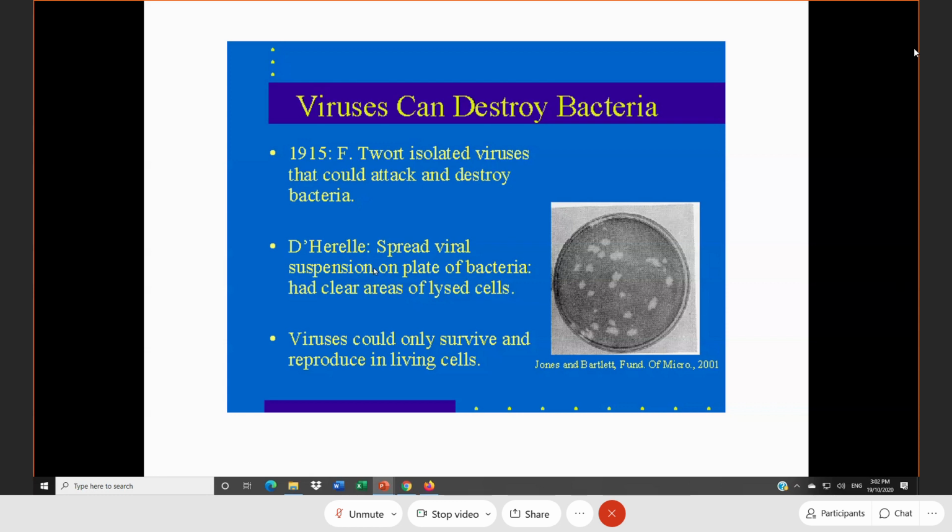So when the virus actually enters the cells, I don't know whether you understand that. Assume that this one is a petri dish. You look at the screen, this one is a petri dish. Then you grow cells in one layer on the surface of the petri dish, and then you add virus.